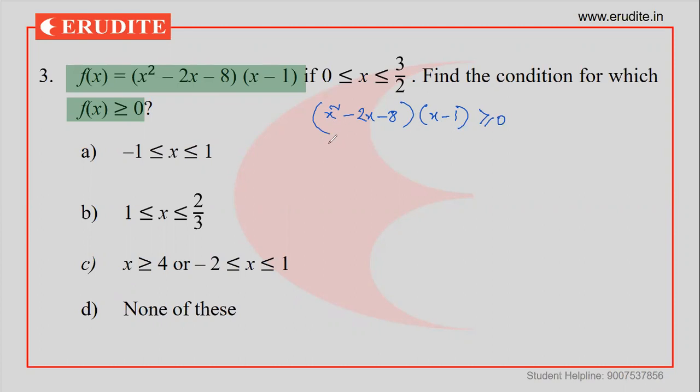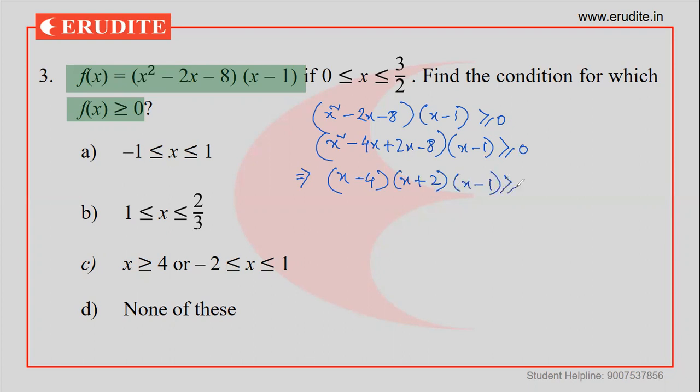This would be x² − 4x + 2x − 8, so −4x plus 2x, −8, and (x − 1) greater than or equal to 0. Middle term factorization. So from here I can find that (x − 4)(x + 2)(x − 1) product greater than or equal to 0.